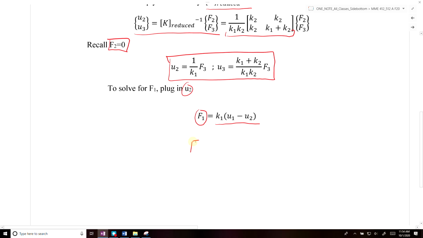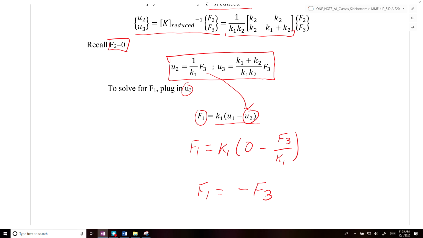So F1 would be equal to K1 times 0 minus F3 over K1, which is our value for U2. What we end up getting is that the K1s cancel out, and F1 is equal to negative F3, which makes sense. The reaction at the boundary should equal the applied force at the end. Very good.